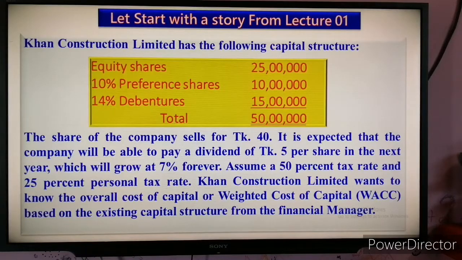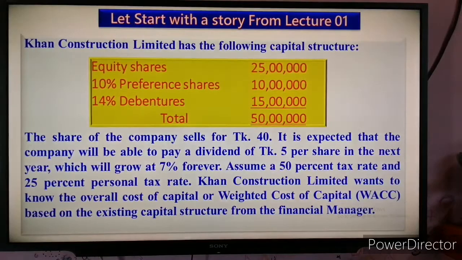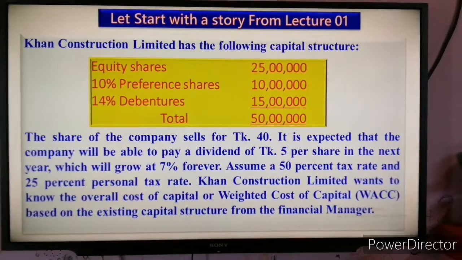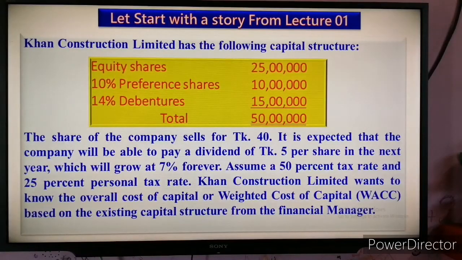In this question, personal tax rate is not applicable because there is no retained earnings in the capital structure. So don't be confused. Khan Construction Limited wants to know the overall cost of capital or weighted average cost of capital based on the existing capital structure from the financial manager.